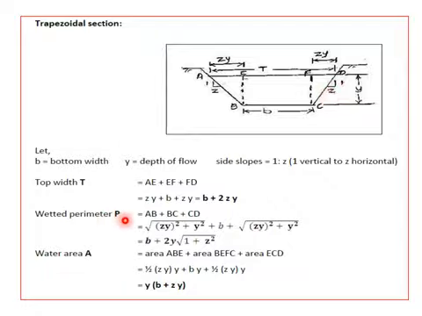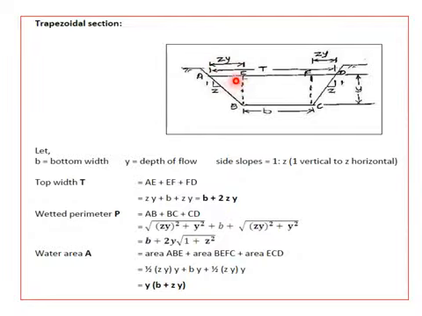So what is wetted perimeter? It is the length of the channel boundary in contact with the flowing water. Therefore it will be AB plus BC plus CD. For calculating AB, AE is ZY, whereas BE is Y. So AB is the root of ZY whole square plus Y square.